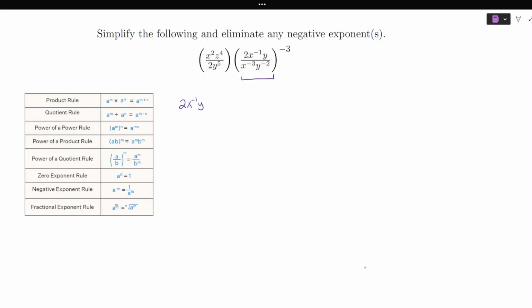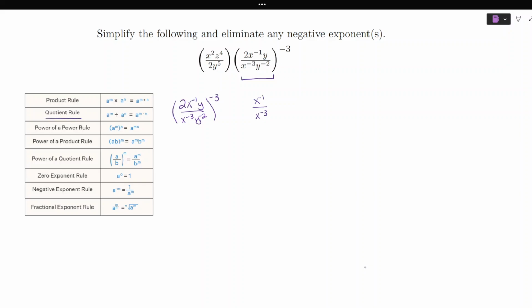So I'll write it out again. And before applying this -3 exponent, I'm going to simplify what's in the parentheses. So first I'll look at my x values. I have x to the -1 over x to the -3.